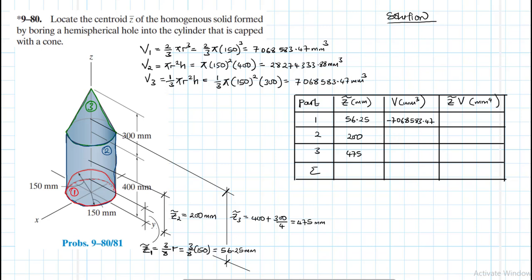Volume for the second one is 28,274,333.88. Volume for the third one is like for the first one, but we are going to subtract it, right? Great. And let's get the products of these values.